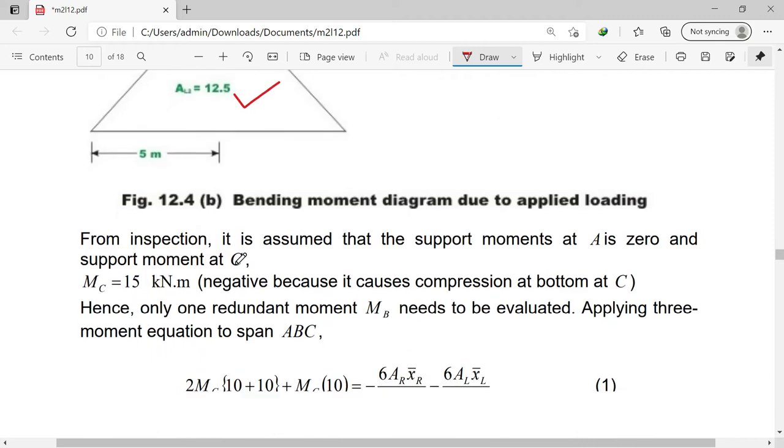From inspection, it is assumed that the support moment at A is 0.